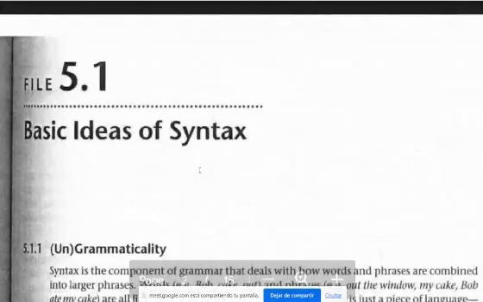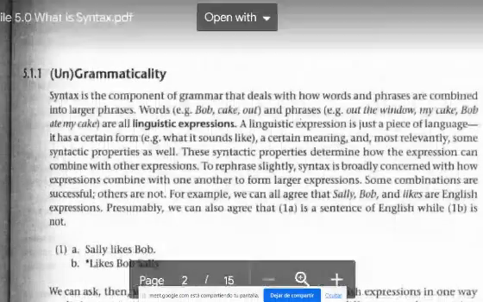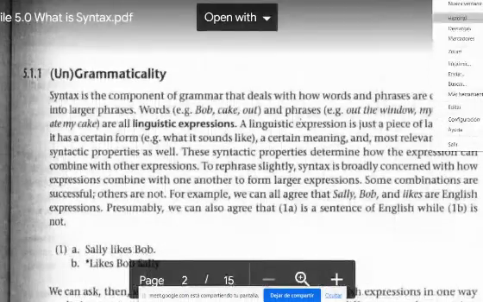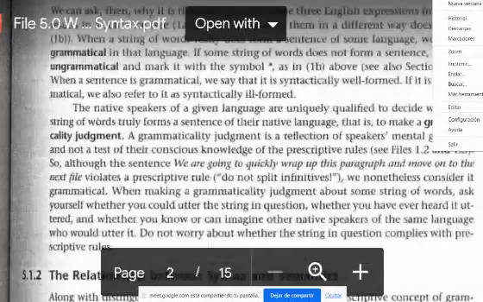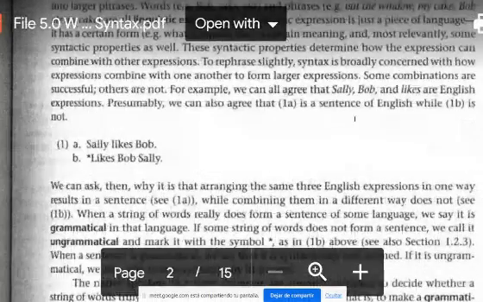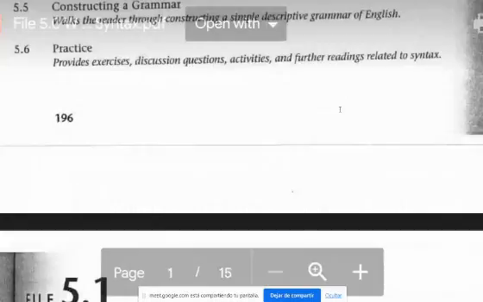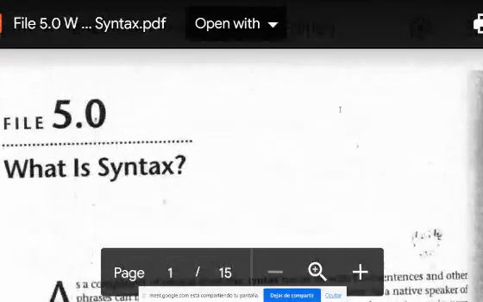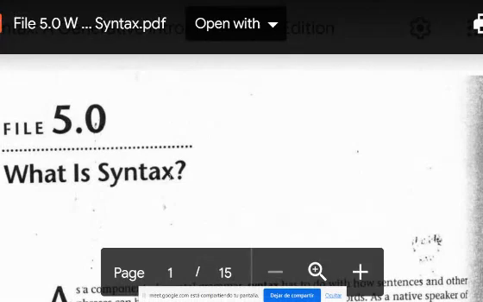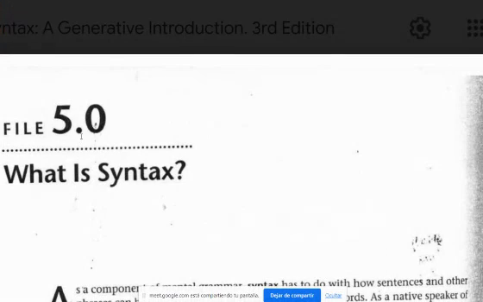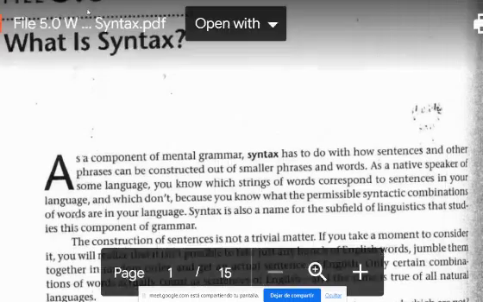Basic ideas of syntax. I'm going to make it bigger. As I am scrolling this down, I want you to pay special attention to the article. 5.0, what is syntax?